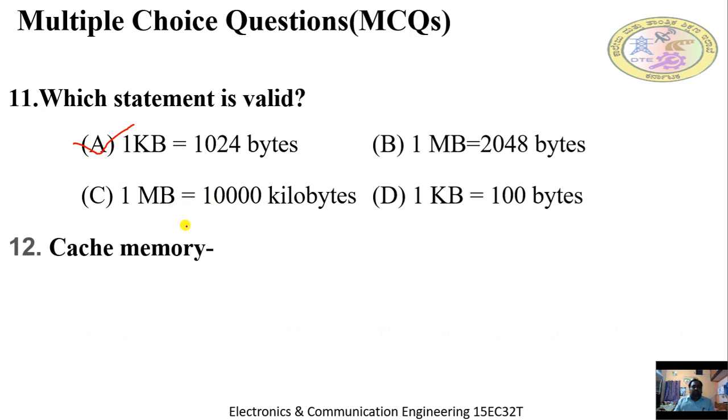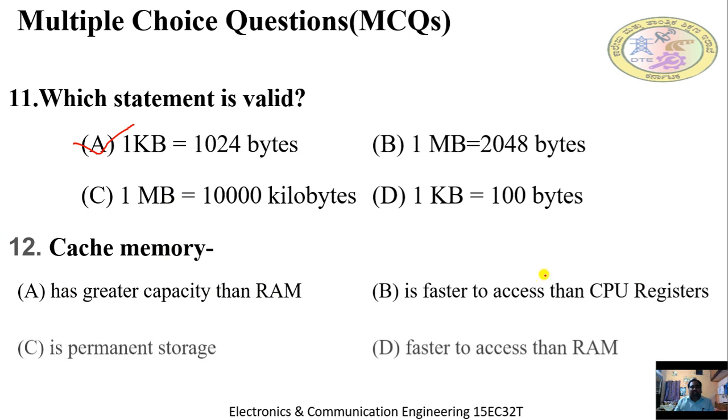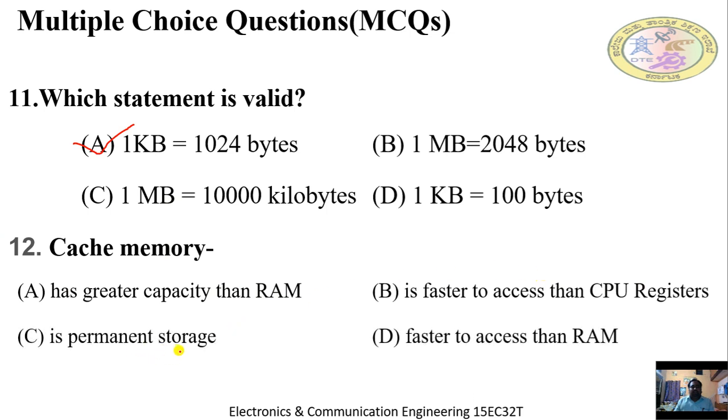12th one: cache memory has greater capacity than RAM, is faster to access than CPU registers, option C is permanent storage, and option D, faster to access than RAM. Remember, as we told in the definition of cache memory, it is faster in action, but it is not as fast as the CPU register.